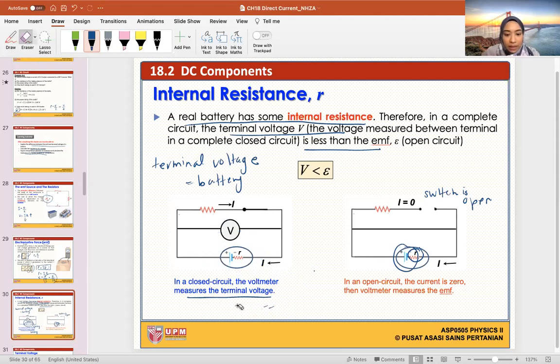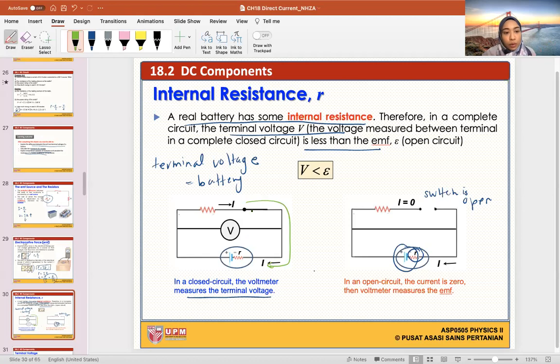When we connect a battery to a closed circuit, current flows through the internal resistance of the battery. So the battery will lose some energy to the resistor, which makes the voltage smaller, because the resistor uses up the electric potential energy.